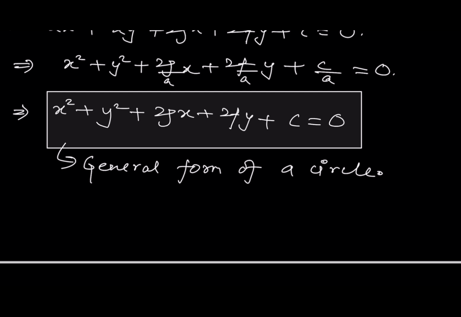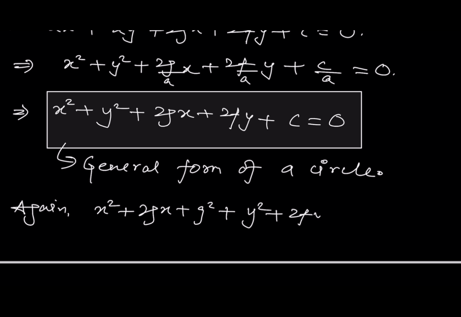So for this, I will make a whole square. So I will write x square plus 2gx plus g square plus y square plus 2fy plus f square plus c minus g square minus f square is equal to 0, right?